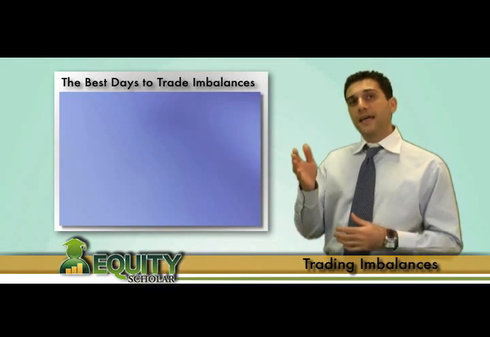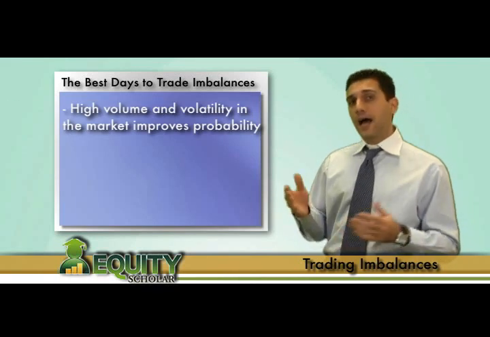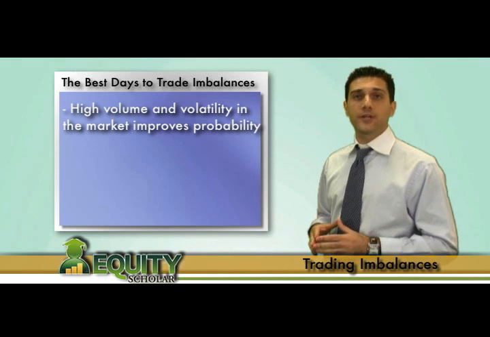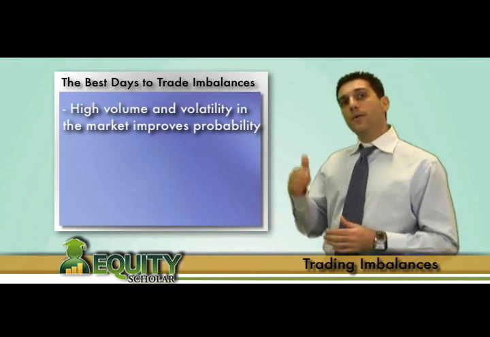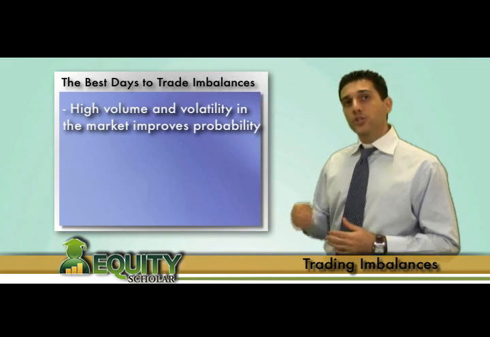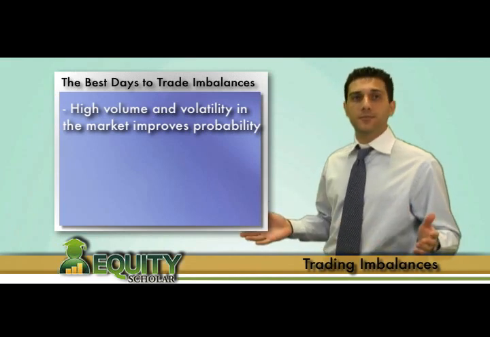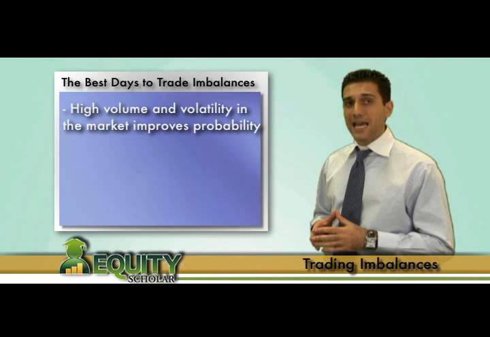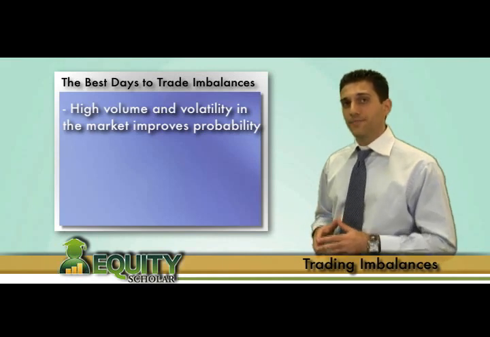Ultimately, you will find that imbalances are best on high volume, higher volatility trading days. That is when more imbalances flood in and report at 3:45 p.m., which in turn makes it nearly impossible for all the imbalances to be satisfied in time for the close.